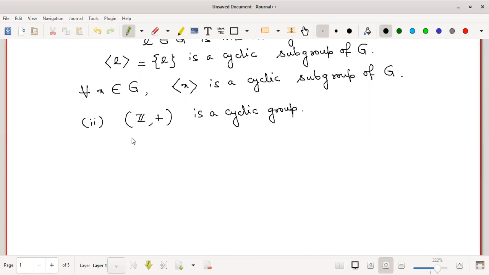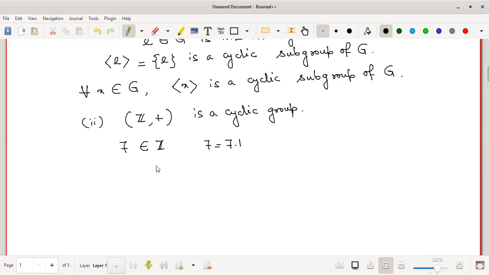So when that binary operation is addition, it will be x plus x plus x and so on. So instead of x to the power n, we'll be writing nx. So why I am saying 1 is a generator, you give me any integer. Suppose you give me say 7, you know that 7 belongs to Z. I can write 7 equal to 7 into 1.